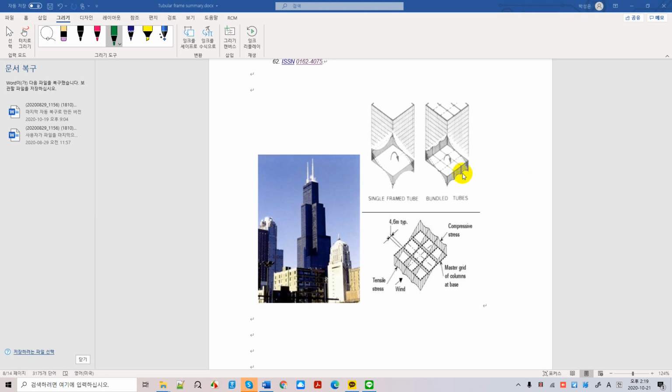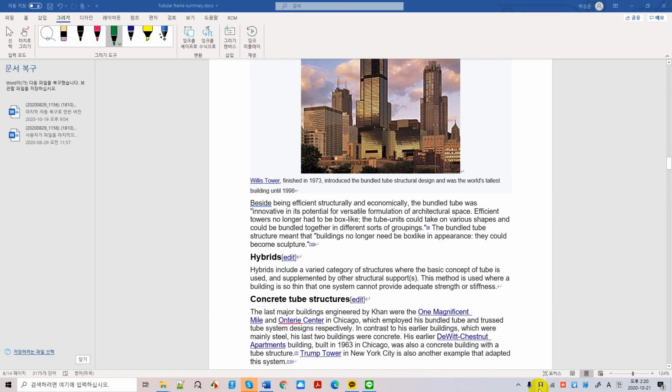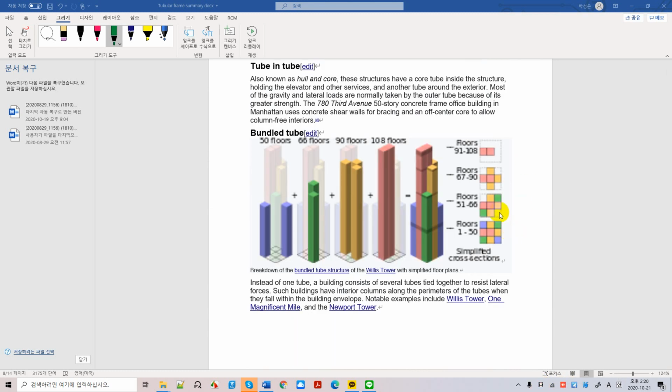So you start with 9 cells of tubular structure at the first level, and it drops out 2 and 2 here at floors 51 to 55, and then another 2 cells drop out at floors 67 to 90. Only 2 cells of tubular frames remain from floors 91 to 108.